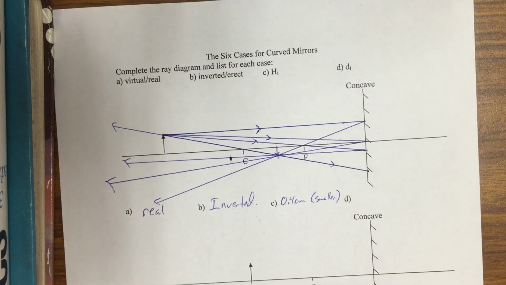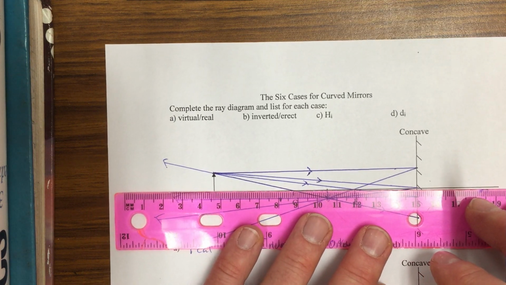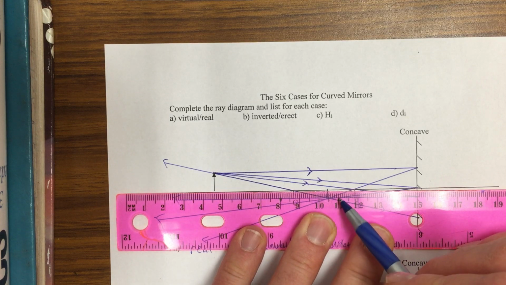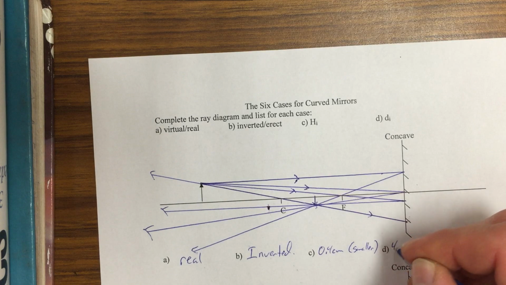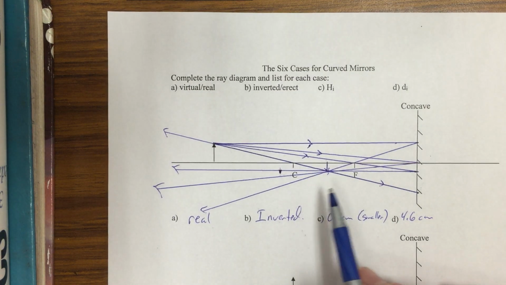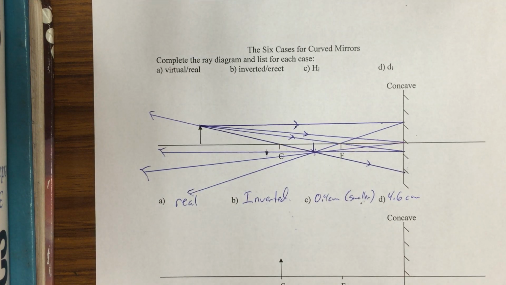And so the last part is our DI. We want to locate the DI for this. Again, you're going to measure that from the mirror itself, and you measure 1, 2, 3, 4, 4.5, 4.6. I get 4.6 centimeters. I want you to notice that 4.6 centimeters is not the same as our distance of object. Remember with plane mirrors, we always took to the bank that DO is equal to DI.